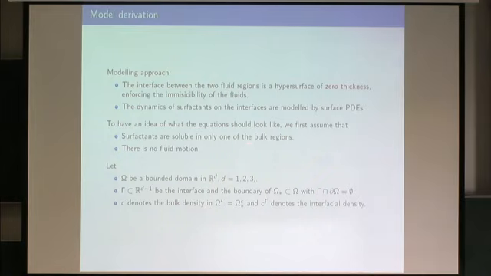Some notation here: omega is the bounded domain in R^d, gamma is the interface, and it's the boundary of some omega star, strictly contained in omega. And omega prime is the region where the surfactant is soluble, and we call its density c, and c_gamma denotes the density on gamma.